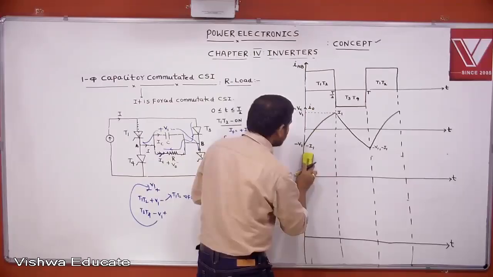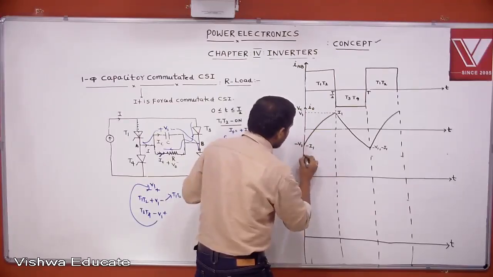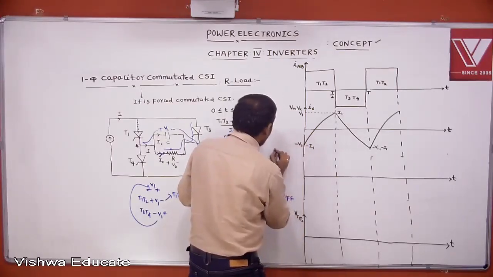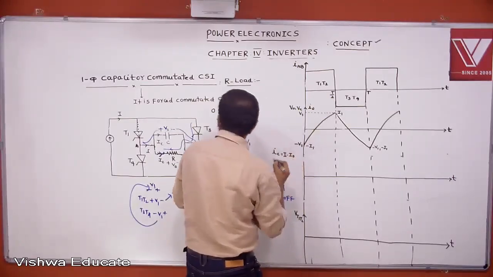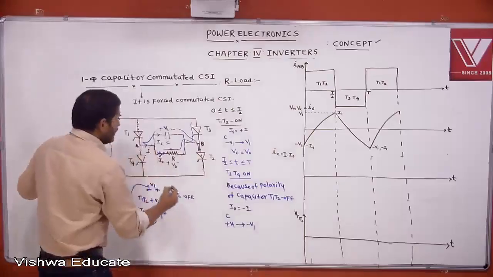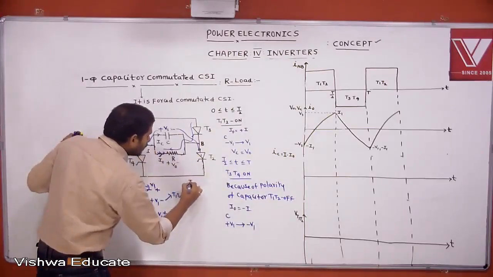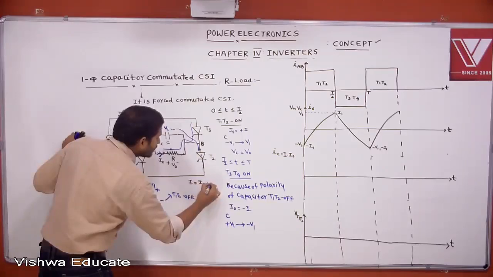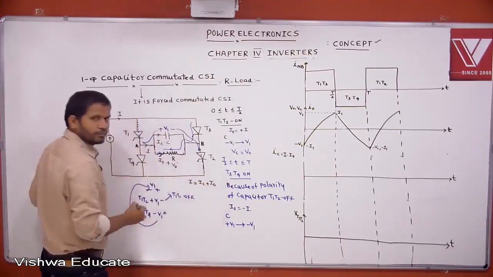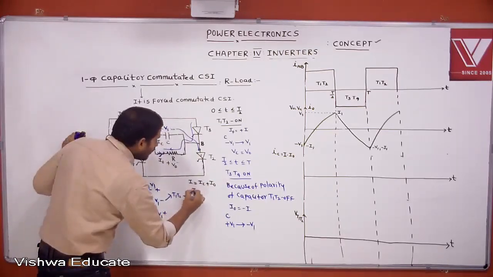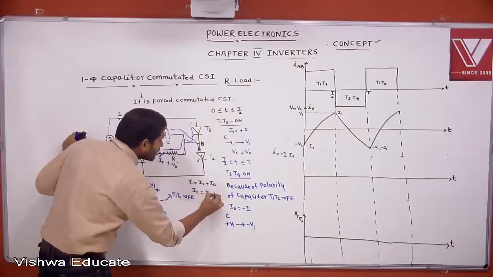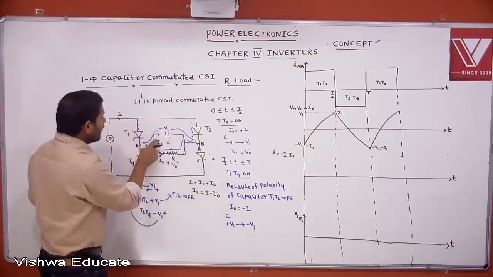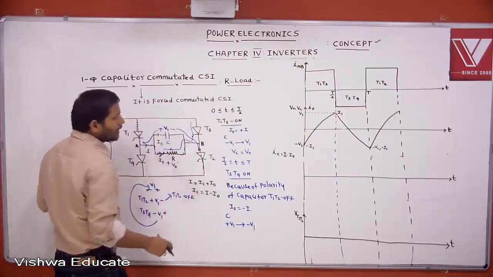Here IC equals I minus I0. Can I accept this? What is I equal to? I equals IC plus I0. Then what is IC equal to? IC equals I minus I0.